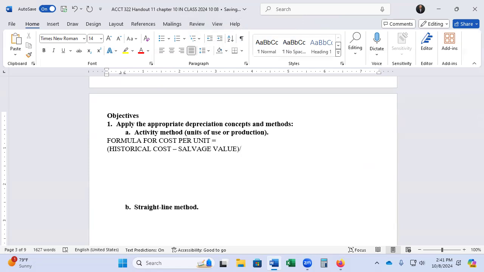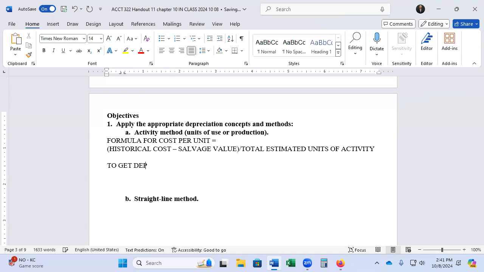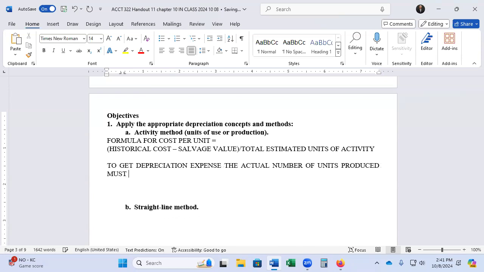And we're going to divide that by the total estimated units of activity. To get depreciation expense, the actual number of units produced must be multiplied by the formula, by the cost of the unit.